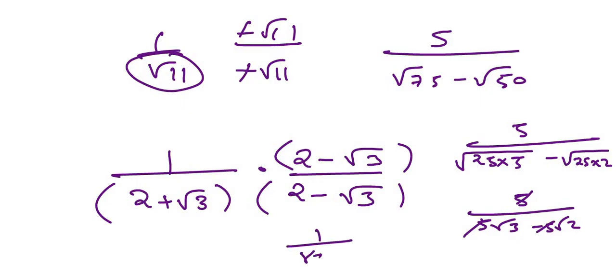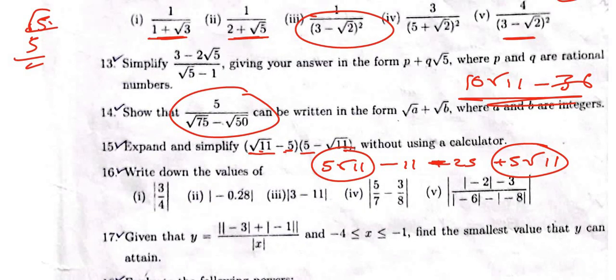In short, the question we're actually solving is root 3 minus root 2 down. So rationalize root 3 plus root 2 and also root 3 plus root 2. Is this okay? Yeah, so that's what we do for question 1 up to 15.